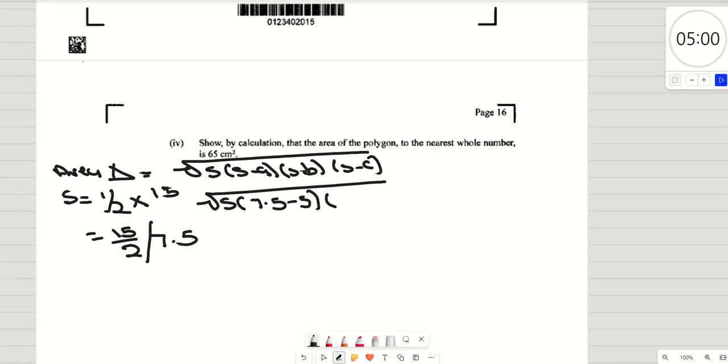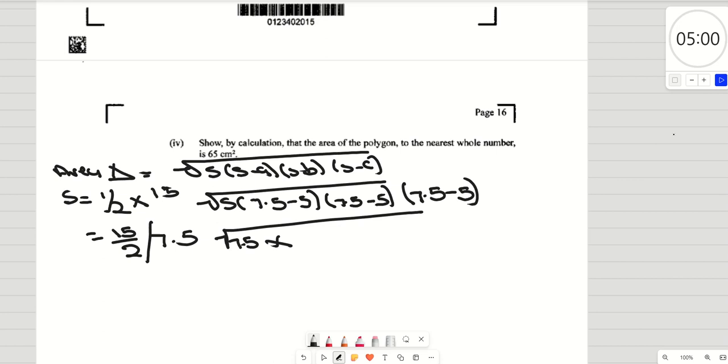Minus 5, then 7.5 minus 5 again, and then 7.5 minus 5. Right, so it's going to be the square root of 7.5 multiplied by 2.5 multiplied by 2.5 again multiplied by 2.5.